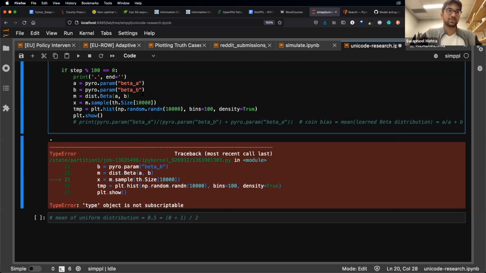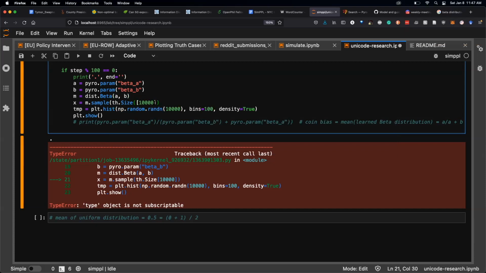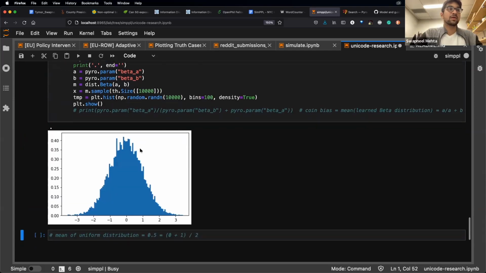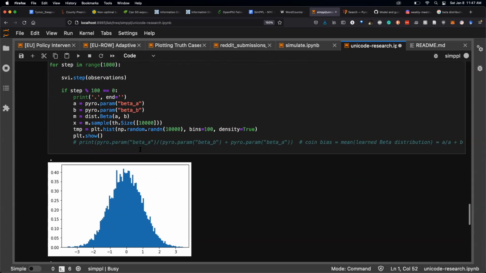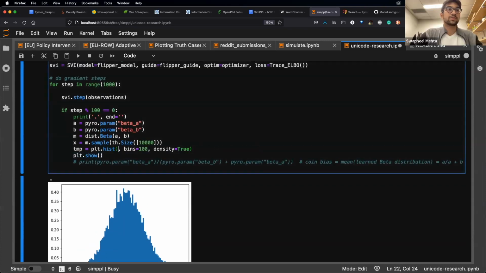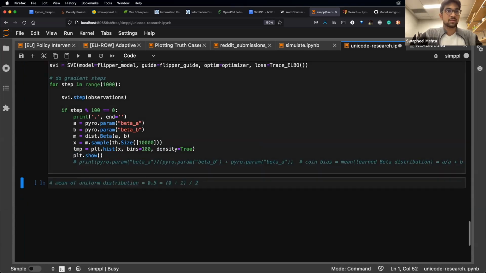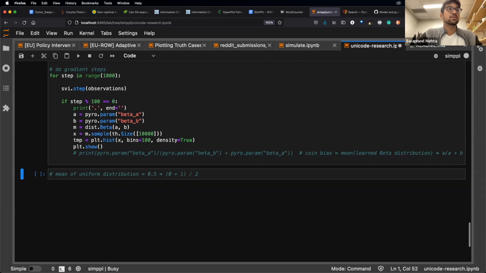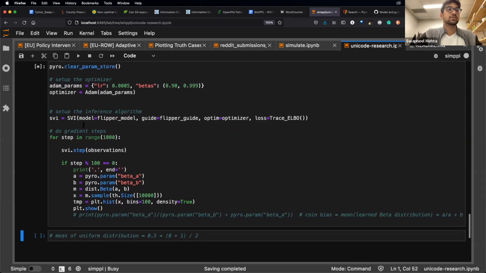This was so stupid. This one was missing a bracket. Okay. So, oops. I should have X. Okay, hopefully this will run now.